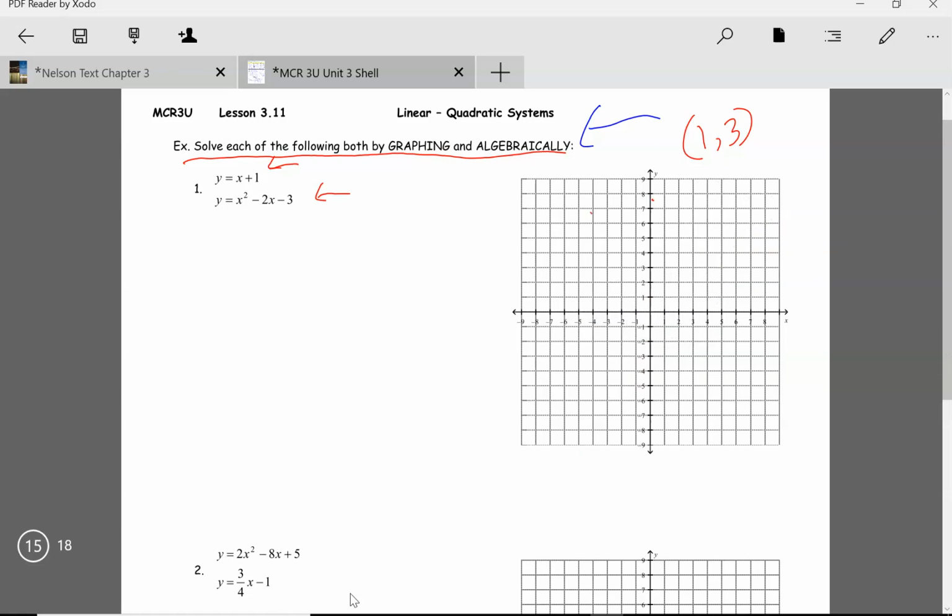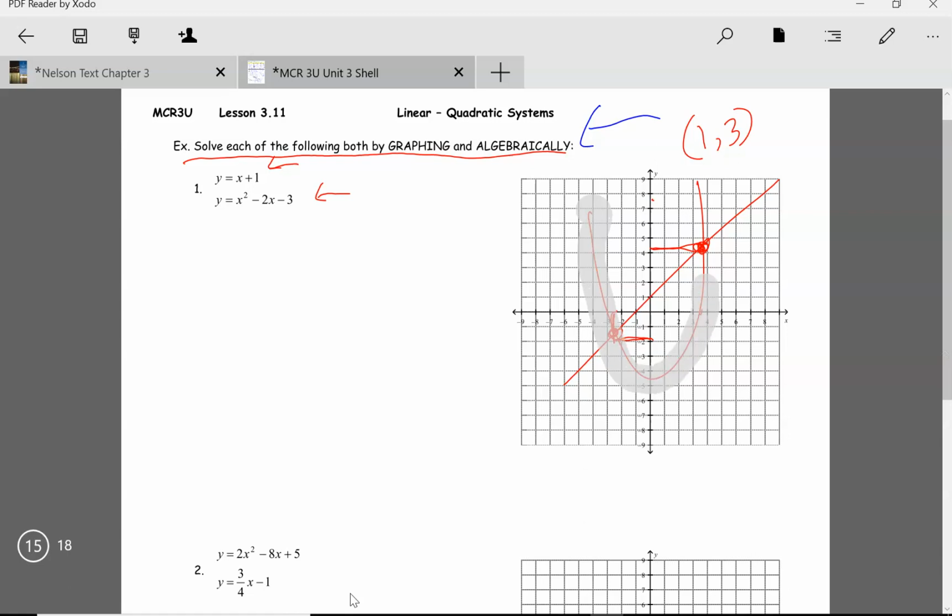But if we consider a parabola and then a line, we have 1 point of intersection here and 1 point of intersection here. At the x value of negative 2.5, the y value for both the line and the parabola is negative 2. At the x value of 3.5, the y value for both line and parabola is 4.5. So they have to share the same x value and same y value, and then they have a point of intersection.